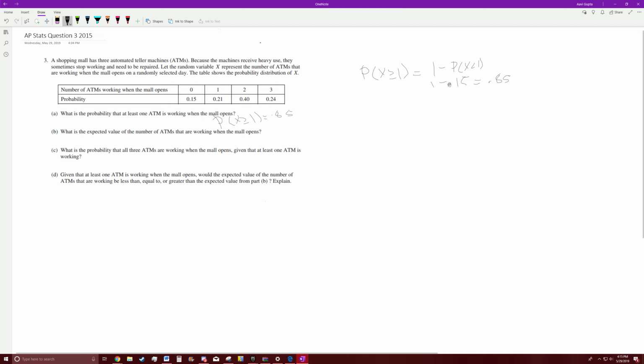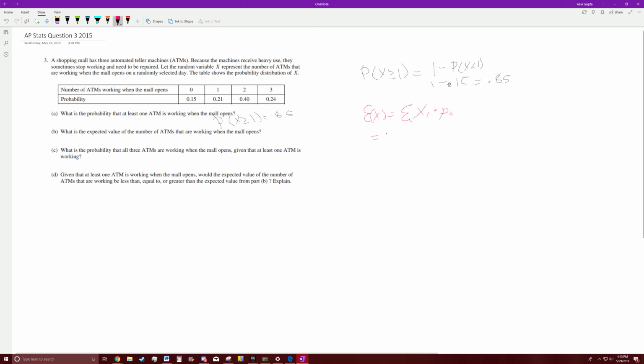Okay, now let's look at part B. What is the expected value of the number of ATMs that are working when the mall opens? Well, if you take a look at your reference table, you'll find the formula E of x is equal to the sum, this is sigma, the sum of the individual values times their individual probabilities.